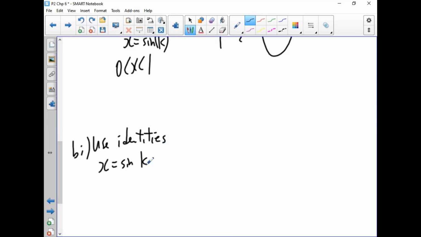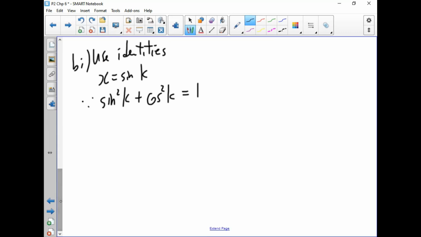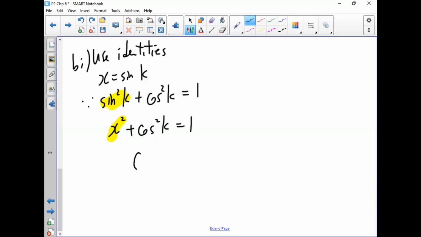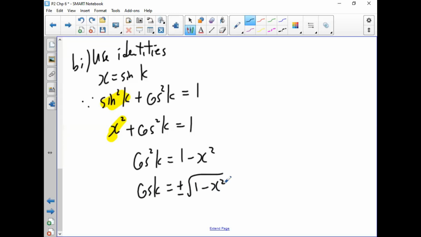Because sine squared k plus cos squared k equals 1, and x equals sine k, sine squared k becomes x squared, so x squared plus cos squared k equals 1. Next, I want to make cos squared k the subject. So cos squared k equals 1 minus x squared, so cos k equals plus or minus the square root of 1 minus x squared.